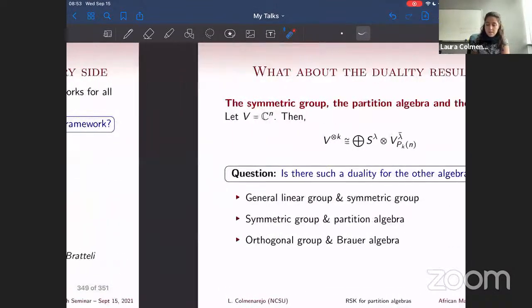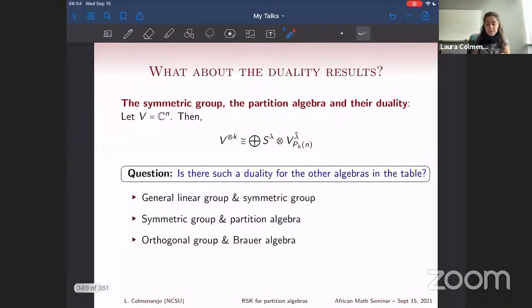And one could think then that we could go back to our duality result and say, well, you have this duality for the partition algebra. Can you have such a duality for the other algebras in the table? I have three here. For the symmetric group, yes. I just need to put the GL_n on the other side.